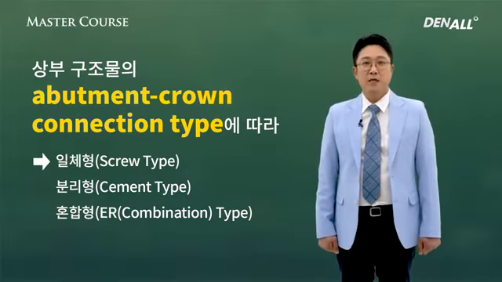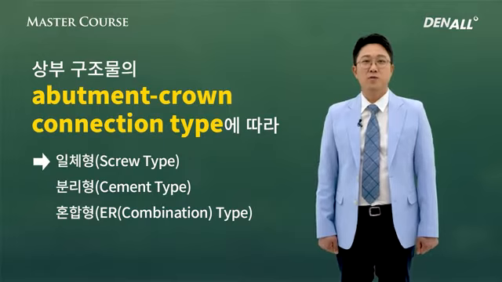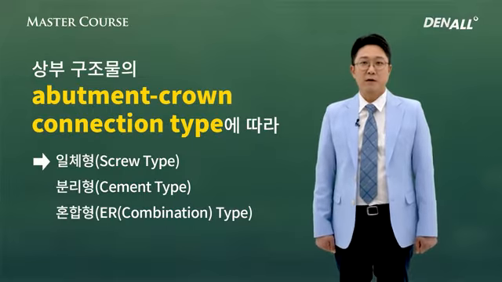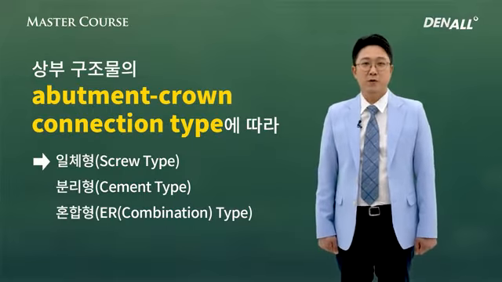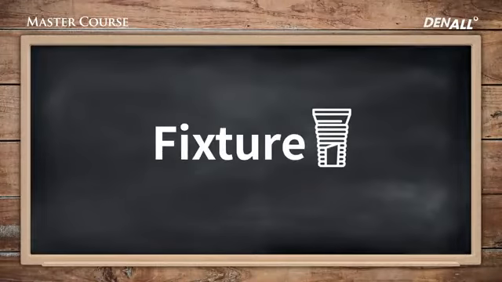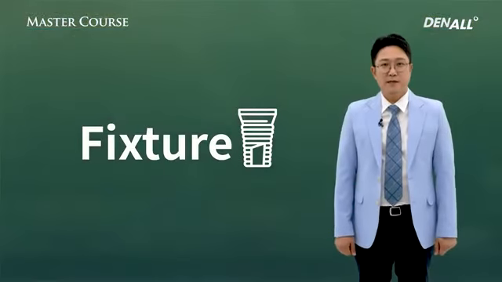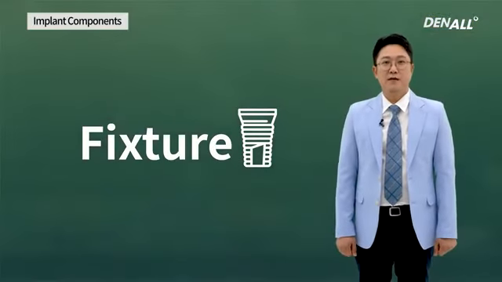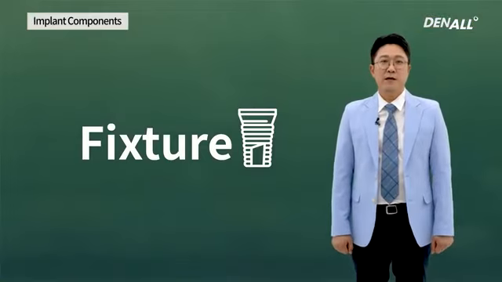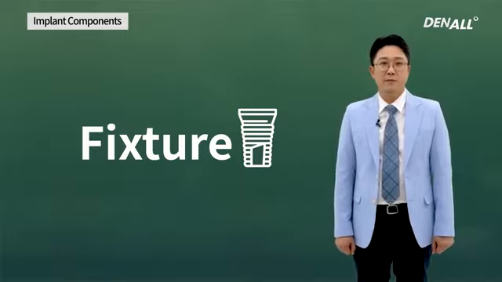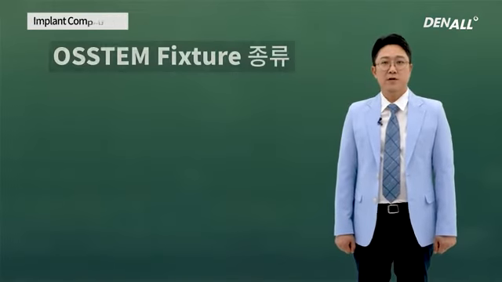We have talked about the components of an implant and how the components are connected. Now, let's look at the different components in more detail. First, let's talk about the fixture. The fixture's shape has changed and evolved following the different clinical requirements.